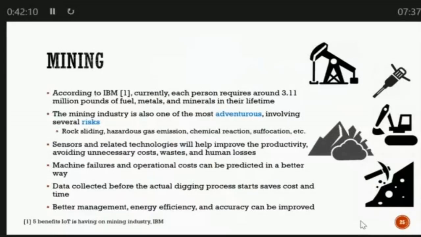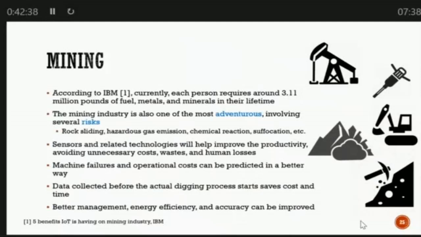The fog is going to receive the data from those sensors, for example, a pressure sensor, for example, a vibration sensor. Based on these sensors, you can tell that a rock sliding is going to happen and how much is going to be the impact, etc. Similarly, a gas leakage or leakage of any liquid or anything hazardous, chemicals, all that stuff. So you can determine these things based on your data analytics. And data is coming from all your different sensors.